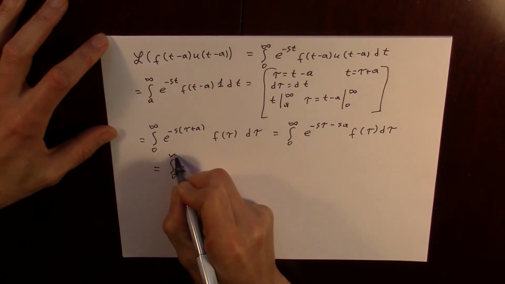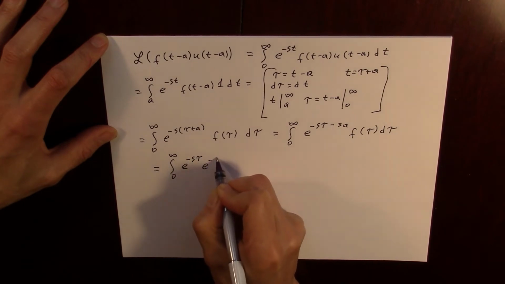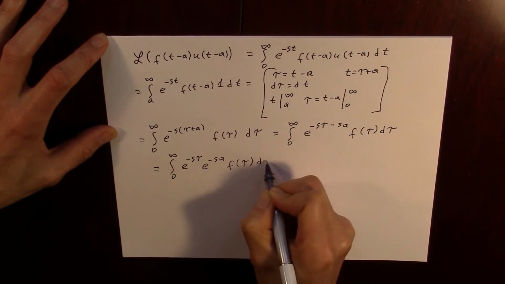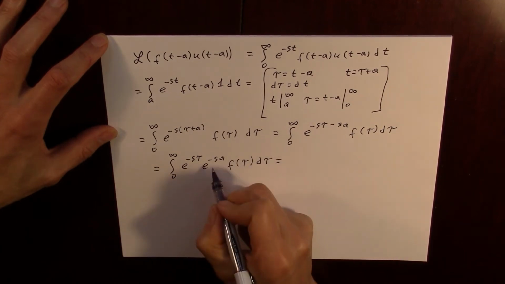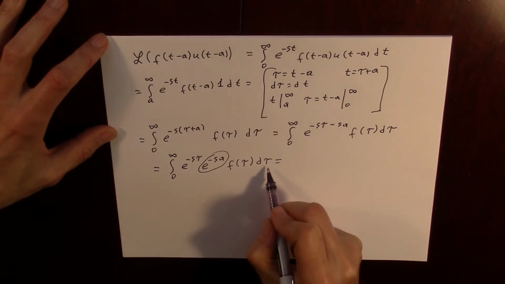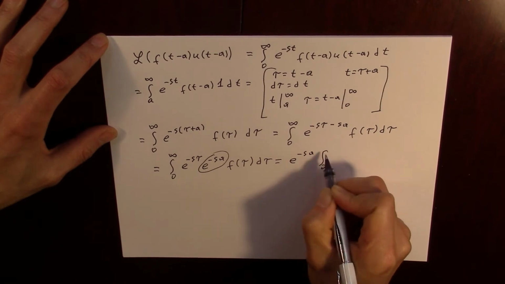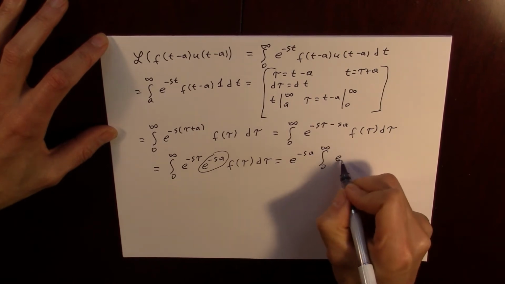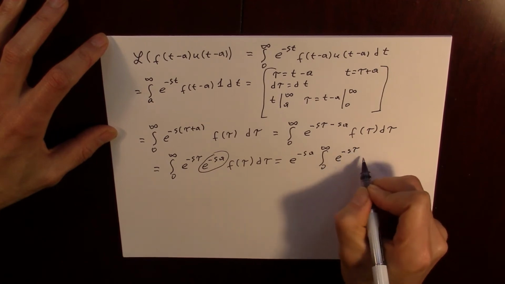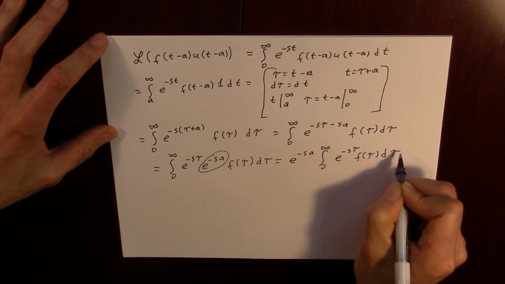I rewrite that integral as e to the negative s tau times e to the negative sa times f of tau d tau. What we notice is that e to the negative sa is a constant with respect to tau, so we can push it outside of the integral. And we have the integral from 0 to infinity of e to the negative s tau f of tau d tau.